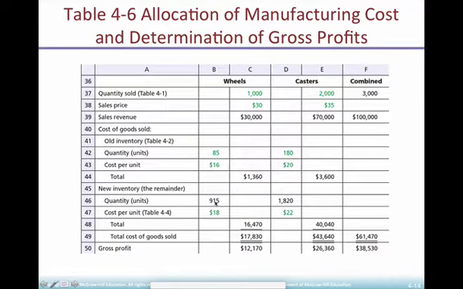So 1,015 units minus 915, we have leftover ending inventory, we have 100. 100 times 18, that's going to be 1,800. Keep in mind here. And then the same type of calculation for the second good.